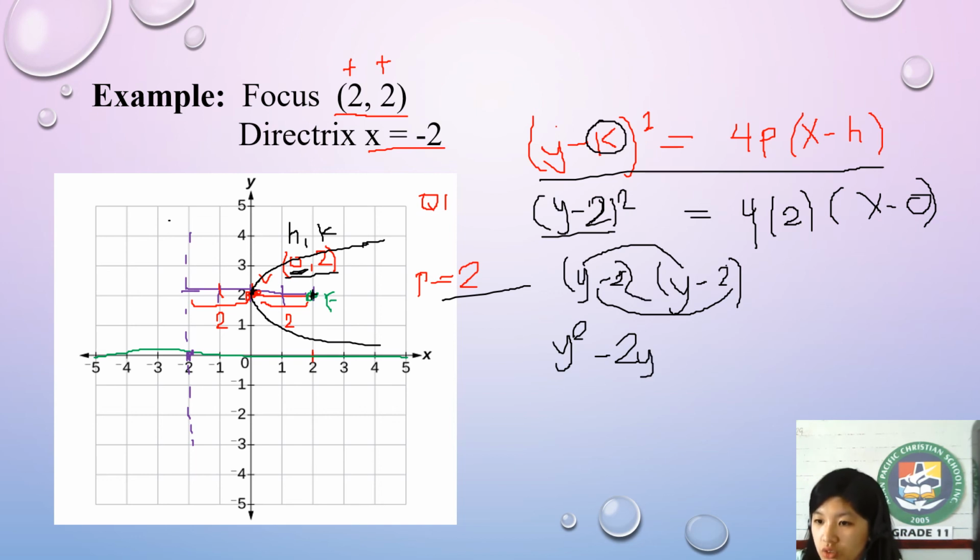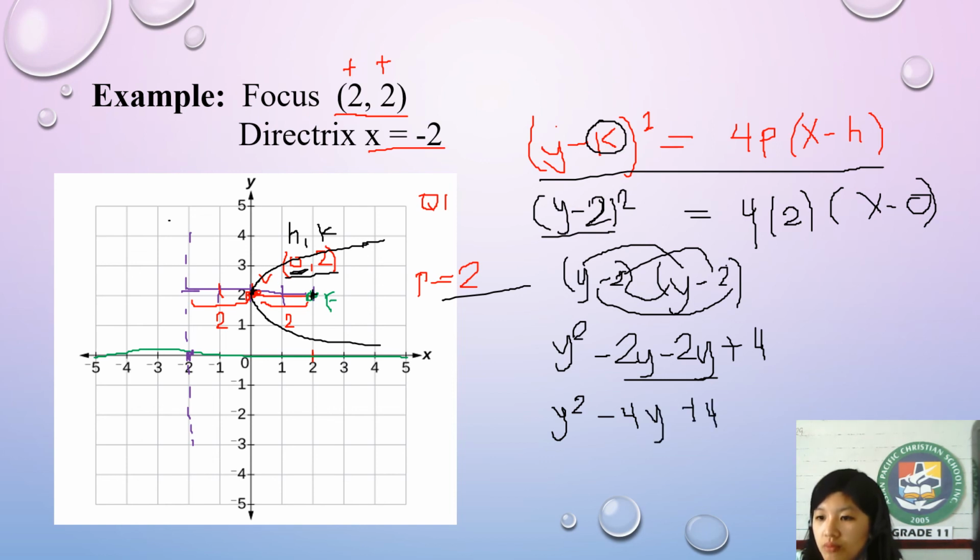Then, inner, negative 2 times y will be negative 2y. Then, last, negative 2 times negative 2 will be positive 4. So, combining like terms, negative 2y and negative 2y, copy first y squared, then negative 2y plus negative 2y will be negative 4y plus 4.